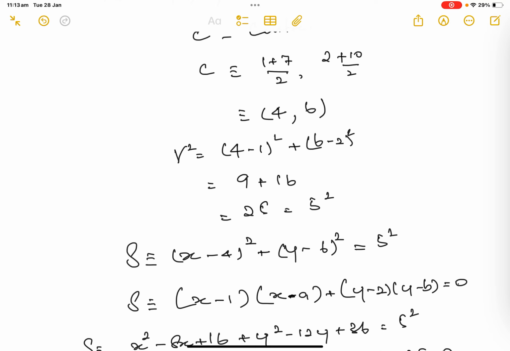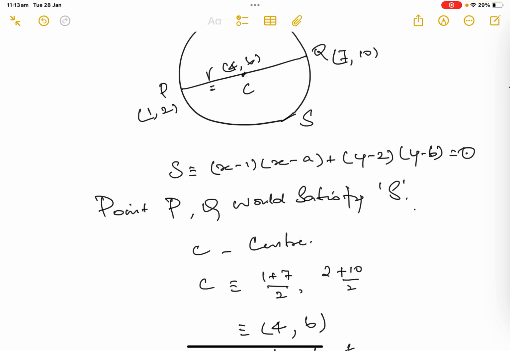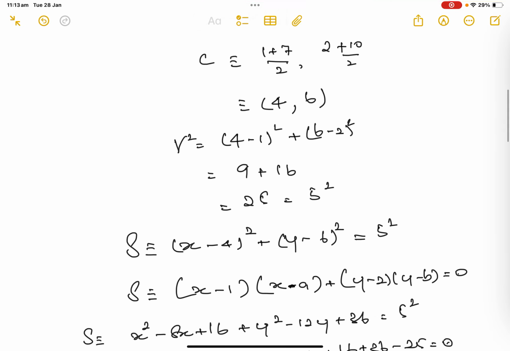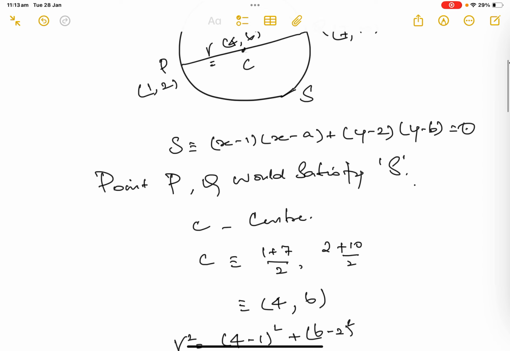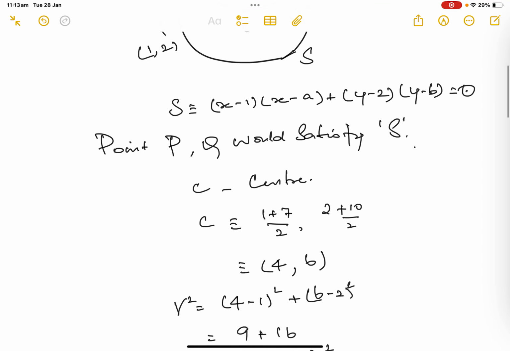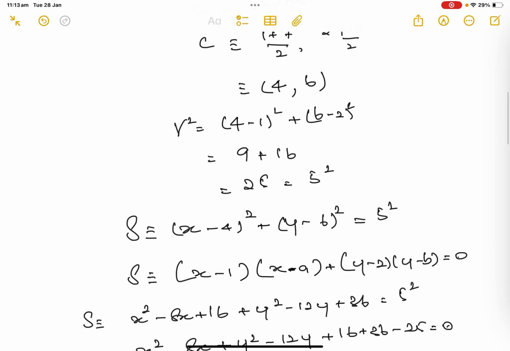We have found the center. Now, to form the equation of the circle ourselves, we need the distance between the center and one of the diameter ends. That gives us the radius. So PC is the radius, the distance between P and C. So r squared is the difference of x coordinates squared plus the difference of y coordinates squared.